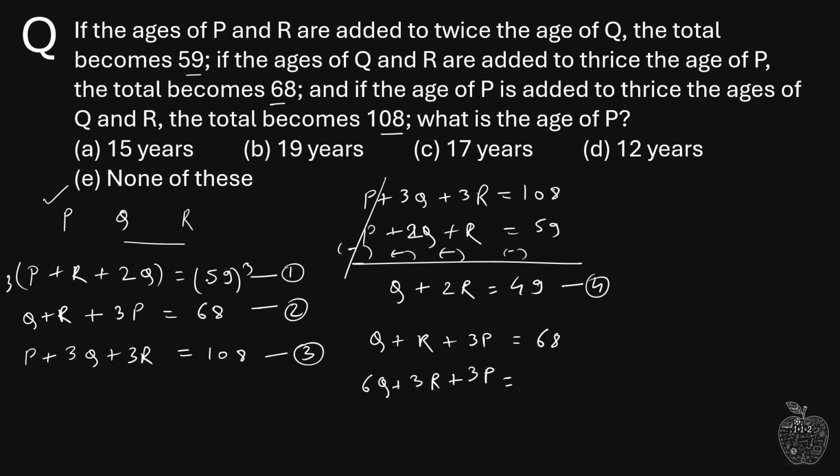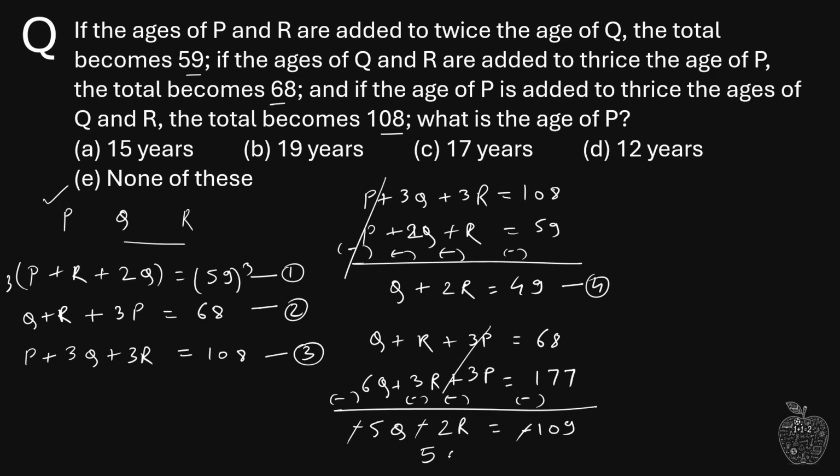On the right hand side we get 59 into 3, it will be 177. So we subtract. Q minus 6Q will give me minus 5Q. R minus 3R will give me minus 2R, and 3P gone, equals 68 minus 177, which gives me minus 109. What we'll do is take the minus sign common and get rid of it from both the sides. So we are left with 5Q plus 2R equals 109. Let's say this is equation 5.